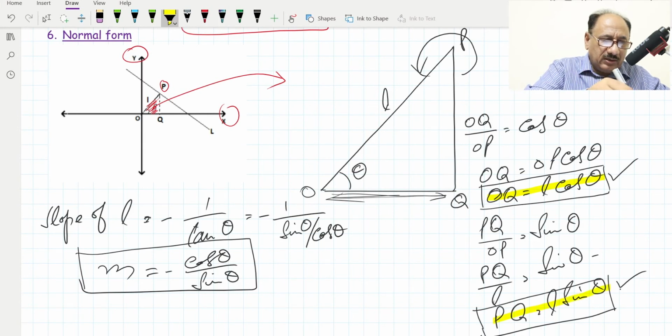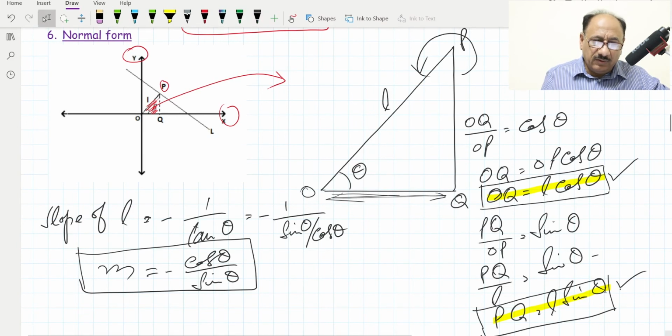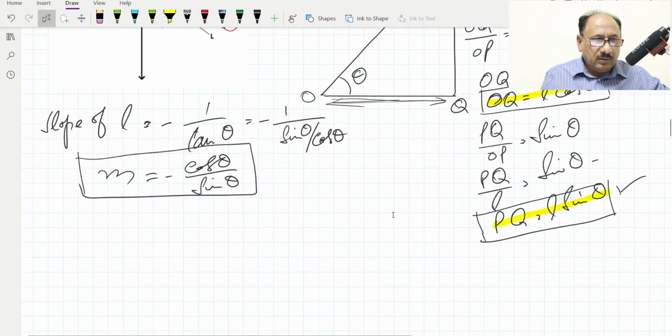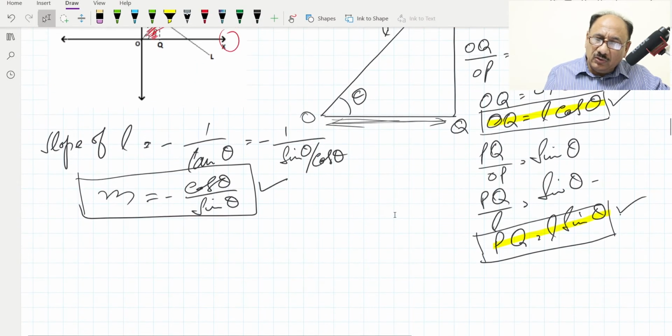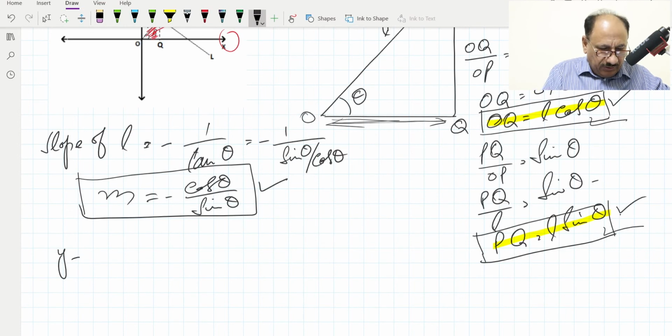So we can write down the equation of line in point slope format. This is the slope which we'll be using, and the point we will be using over here. This will be the x coordinate, and this one the y coordinate. So y minus y1 is equal to m into x minus x1.